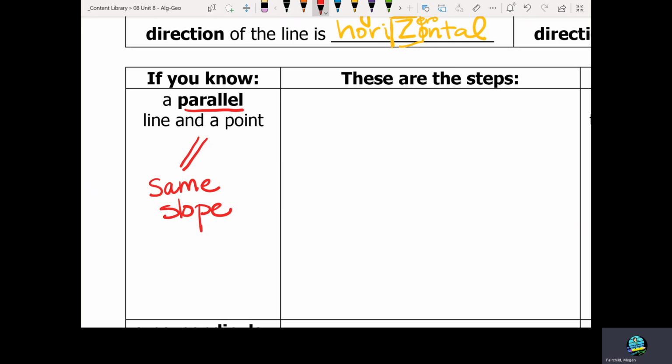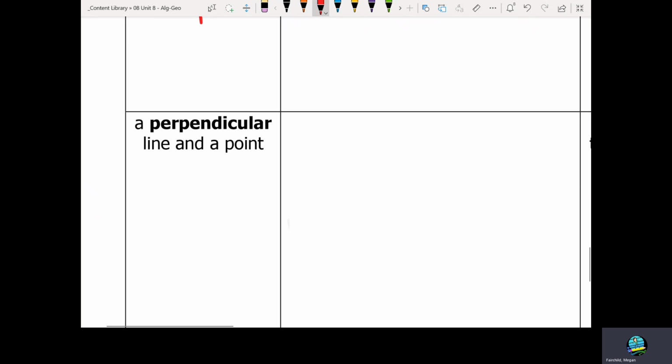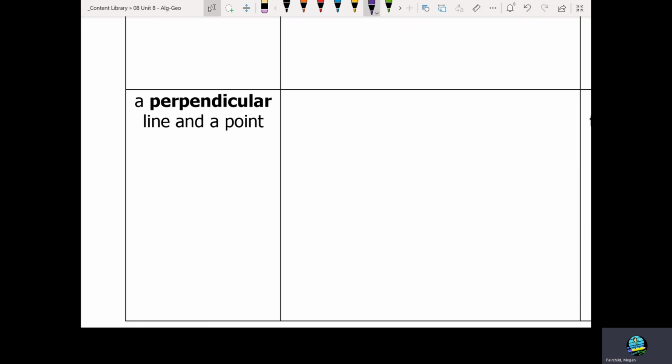Now, let's get a little more in depth here. Mason Smith, what do you know about perpendicular lines? It's the two lines that form a right angle. Okay, this is the symbol, right? They form right angles. But we need to know about their slopes. Does anybody know about perpendicular lines and their slopes?